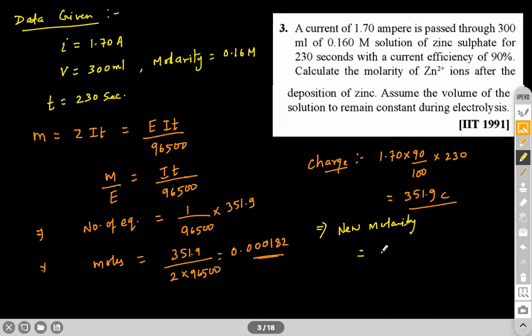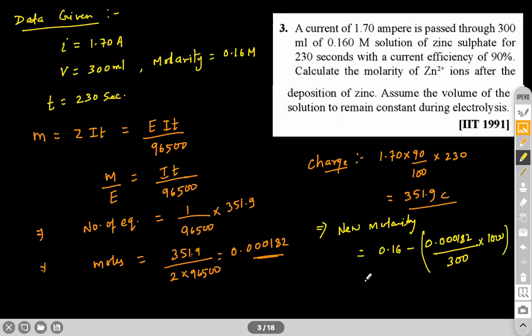The initial one is this minus the change, the decrease in molarity, right? The decrease in molarity is this only. Minus of these moles equals how many? What is the molarity corresponding to this mole? 182 mole divided by volume is 300 because there is no change, into 1000 liter it is.